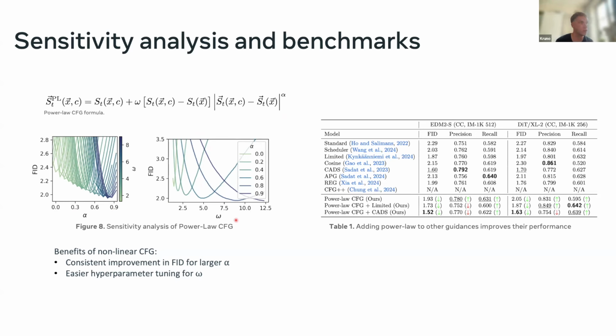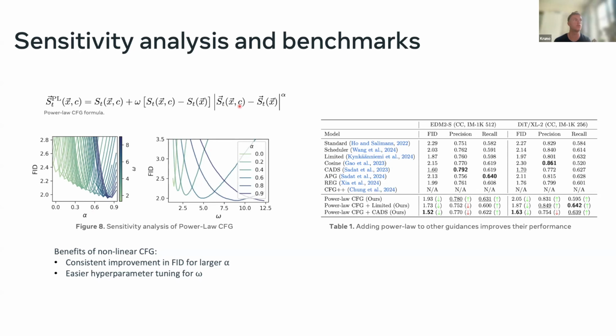But coming back to your question, the smaller the interval in which you apply classifier-free guidance, or the larger the alpha is, which means you decrease classifier-free guidance when the difference is small, then the ultimate effect of classifier-free guidance over the whole period is smaller.